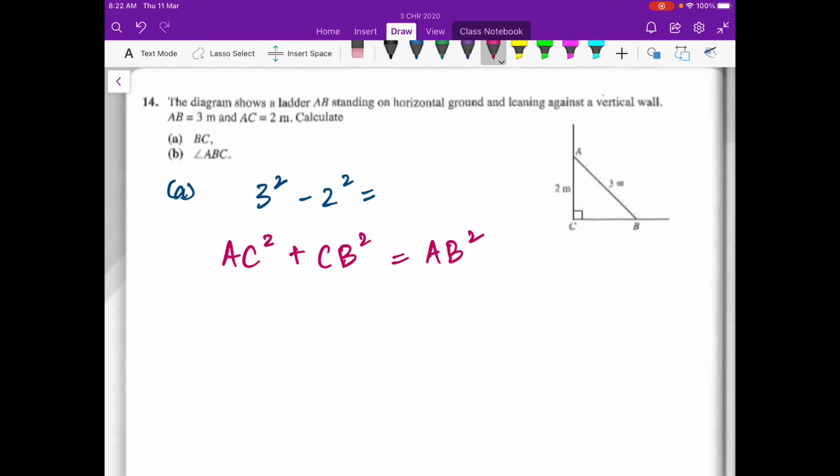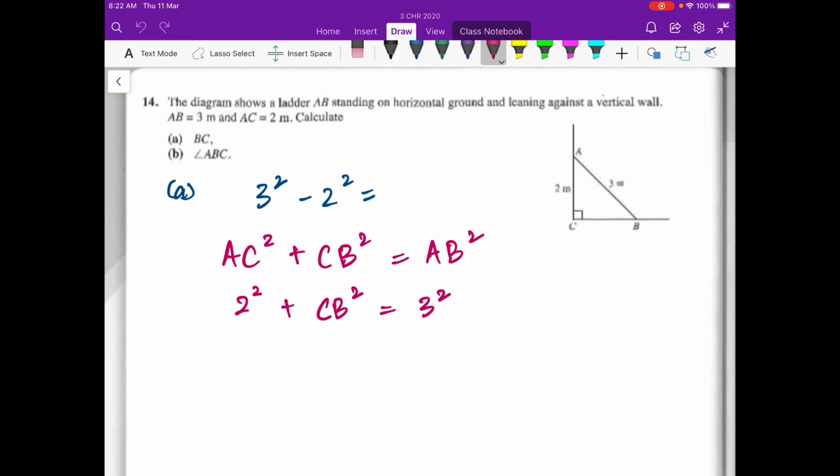Okay, look at what is in red. Eldrick, you see what's in red? Is that Pythagoras theorem? No, you can answer it yourself. Yes, it is Pythagoras theorem. Now with this, we do the substitution. AC, we have 2 squared plus, we don't know this value. And this is equal to 3 squared.